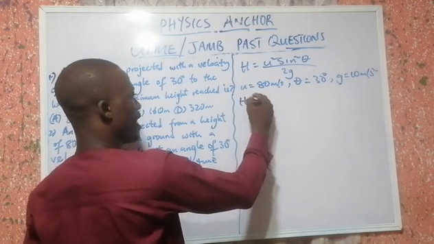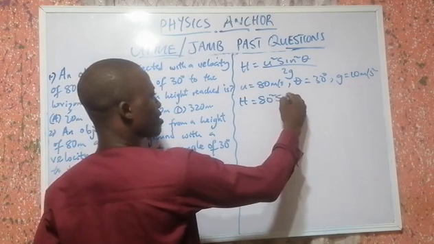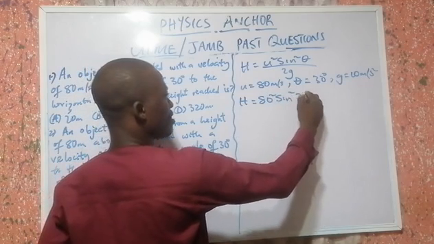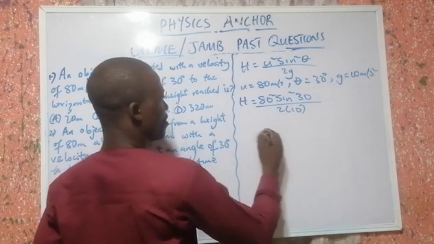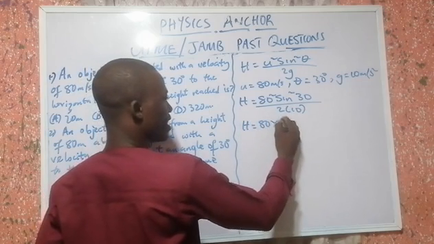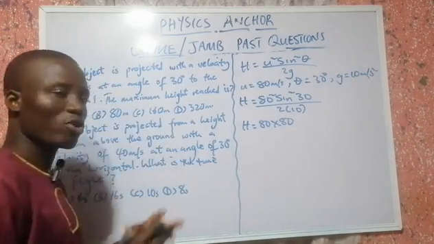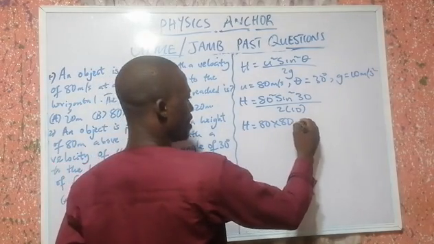Our maximum height equals u squared, which will be 80 squared, sine squared 30, over 2 bracket 10. Let's just write 80 times 80 because I don't want the number to become so big, except you want to use a calculator.